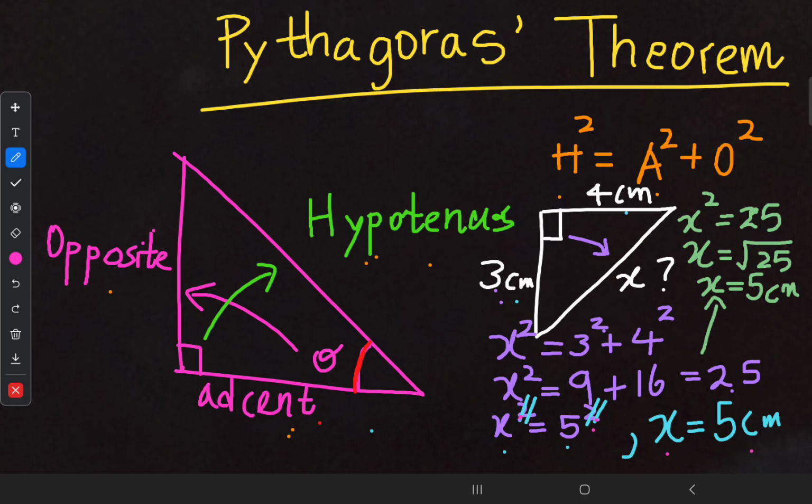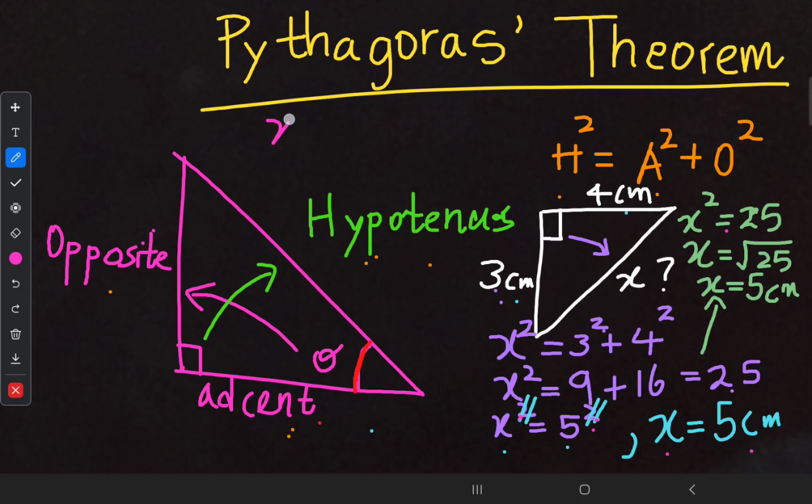Otherwise, if you don't have any idea about square numbers, from x square equals 25 we find the x value, because we don't need the x square value. We just need the x value because that is our length in this right triangle, the hypotenuse. So that should equal the square root of 25. If you have a great idea about square roots, you can ask me a question.